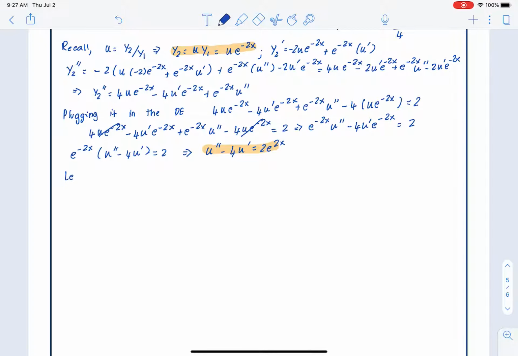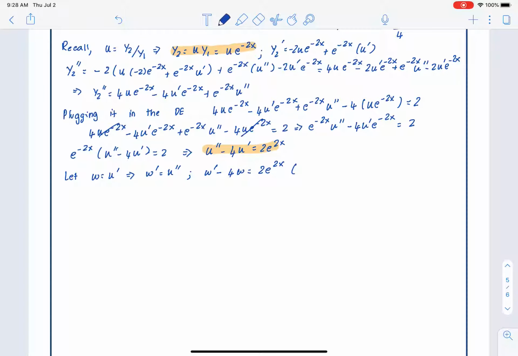So let w equal u prime, which would imply w prime is u double prime. So I could rewrite the equation that we just solved as w prime minus 4w equals 2 e raised 2x.